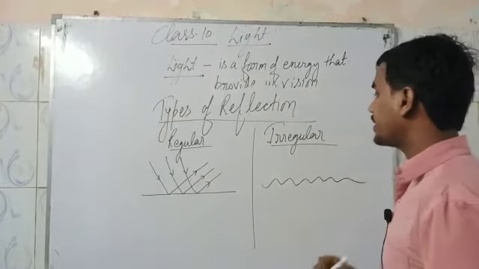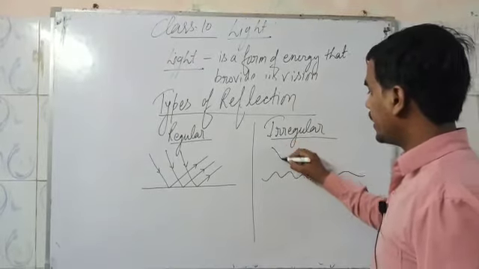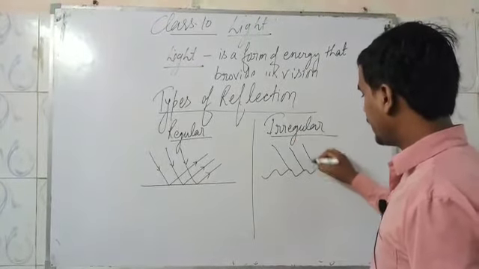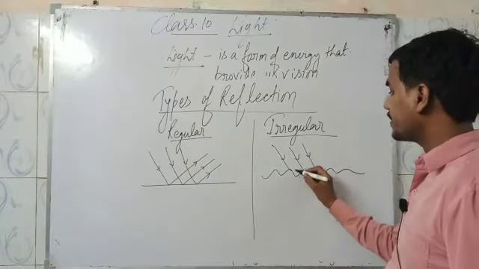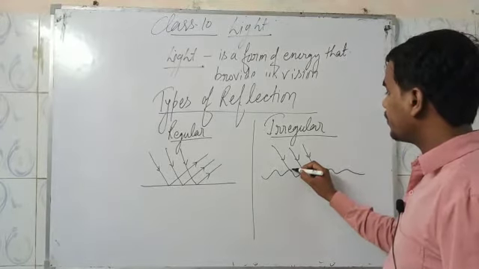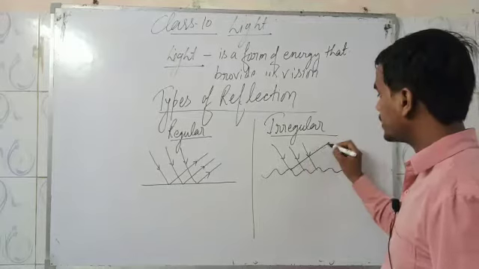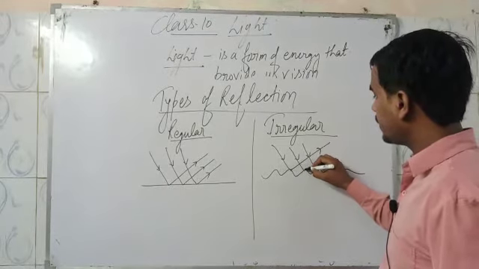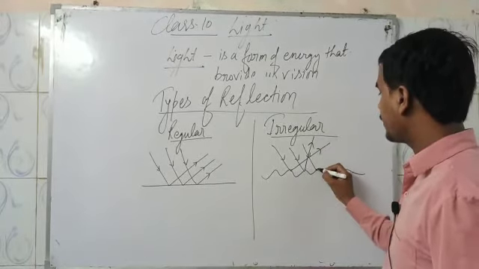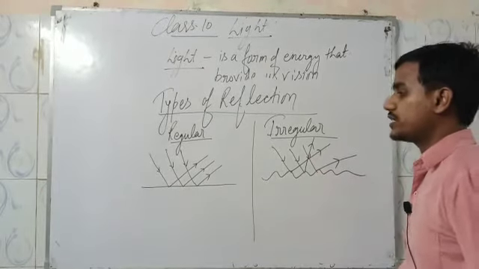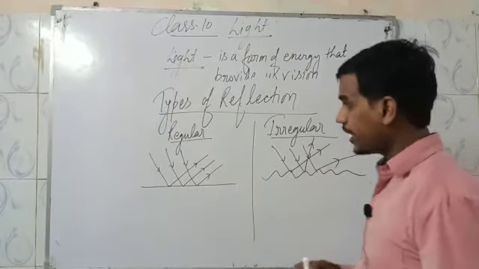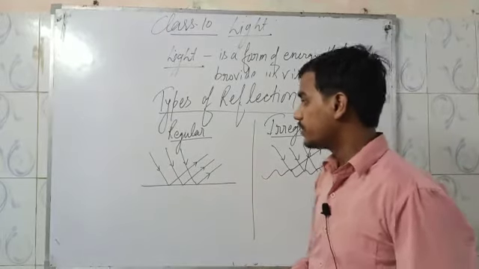Now for irregular reflection, the condition is that the surface is irregular, that means it has irregularities. These are the parallel incident rays, and after striking the surface they move like this. So these are not parallel to each other. So what is regular reflection?